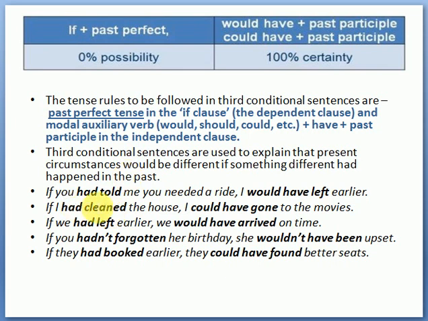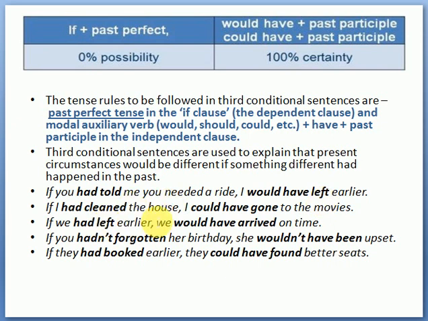Like, if we have a look, if you had told me you needed a ride, I would have left earlier. So if you had told me, use of the past perfect in the if clause, I would have left earlier. Would, modal auxiliary, plus have plus third form of the verb.